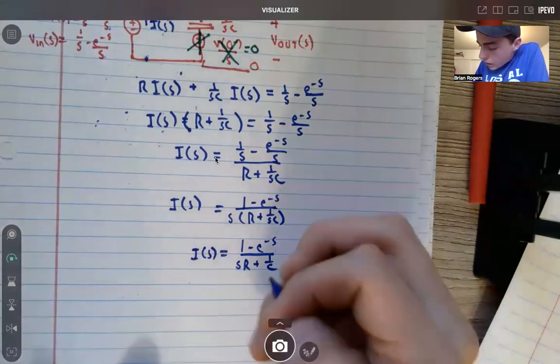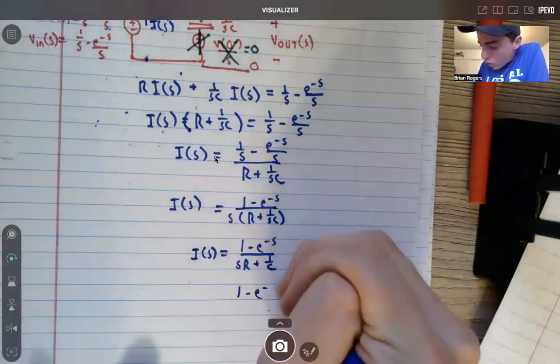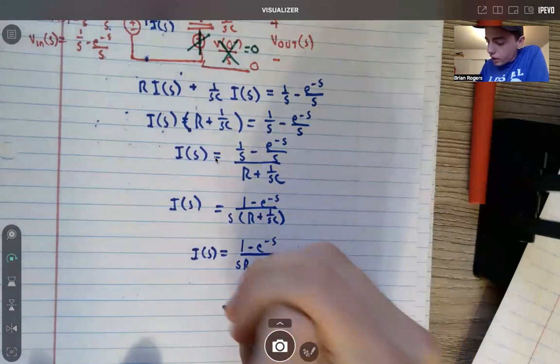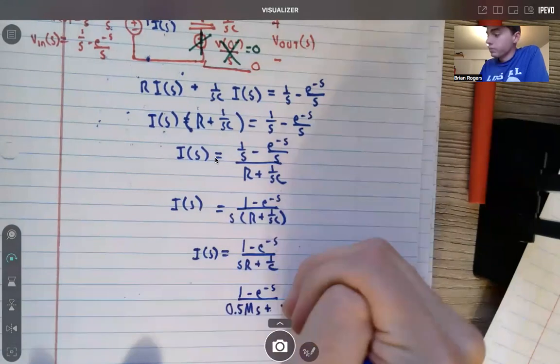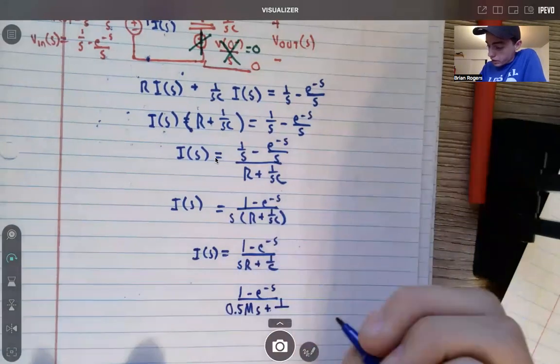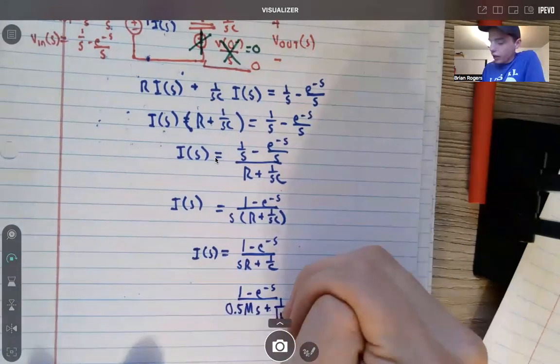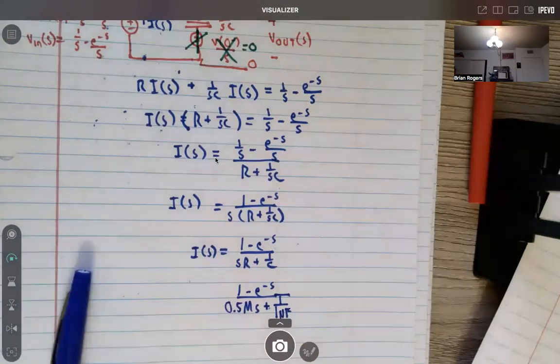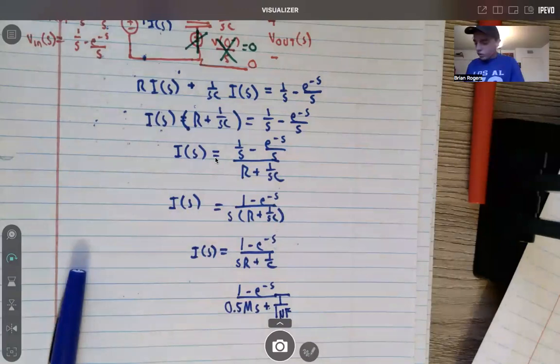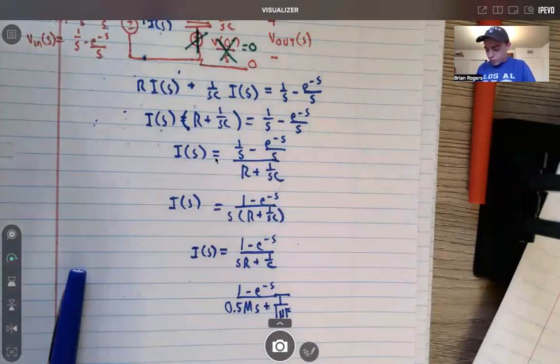So 1 minus e to the negative s all over 0.5 mega ohms times s plus 1 over the capacitor, which is 1 microfarad. When I plug these in on my calculator, 1 divided by 1 microfarad gives me 1 mega ohm.